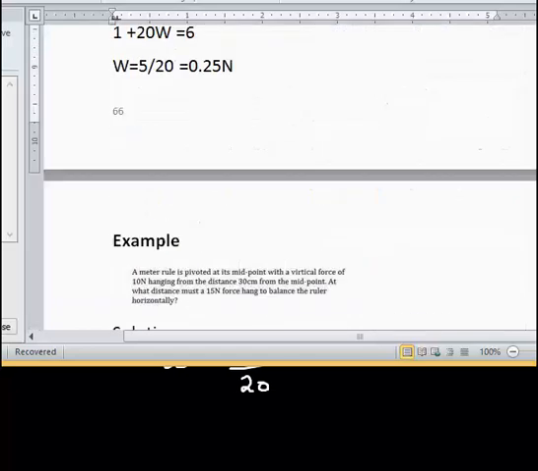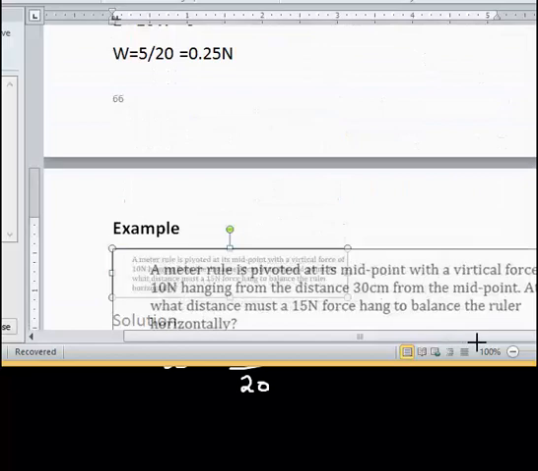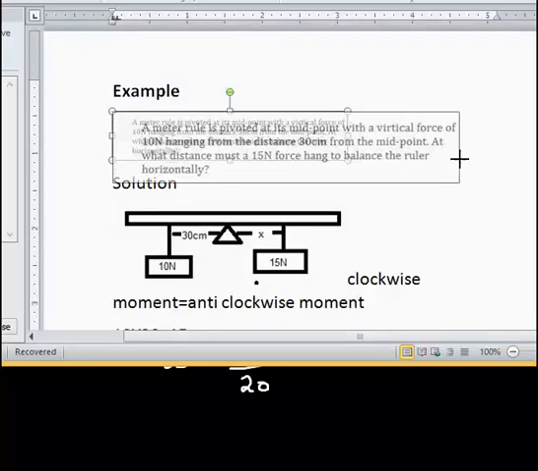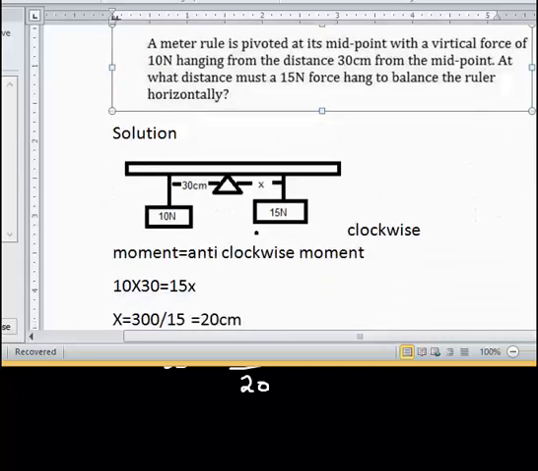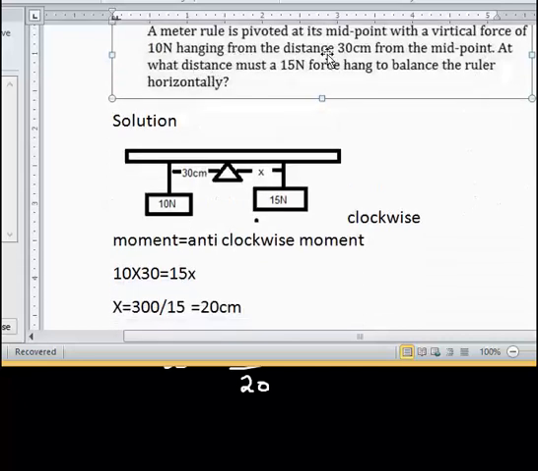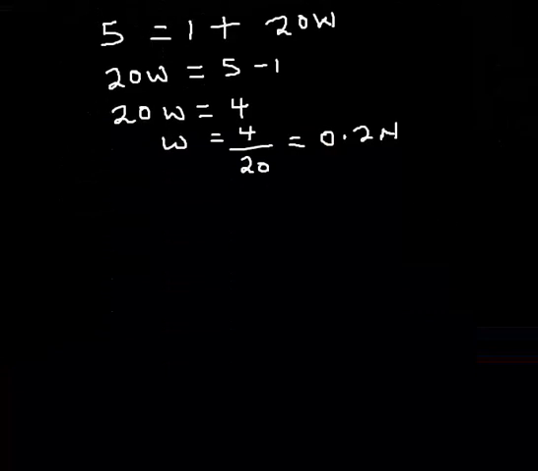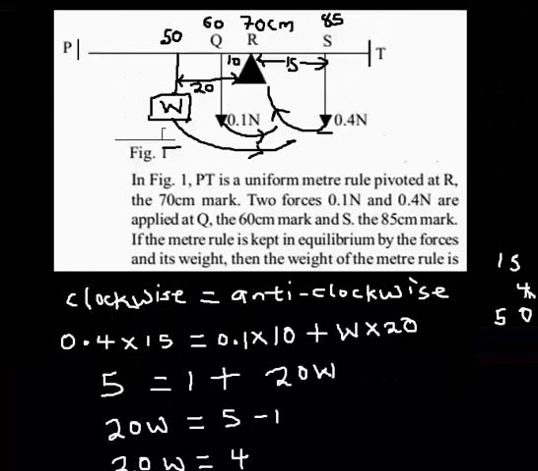Okay, another question. Let me maximize this. Okay, here we go. A meter rule is pivoted at its midpoint. So I need to draw the diagram of this one. It's a word problem.